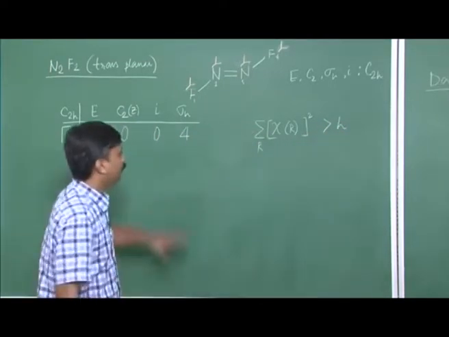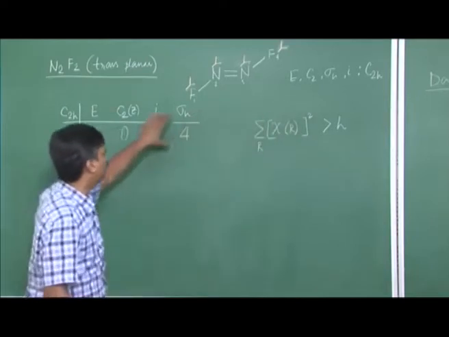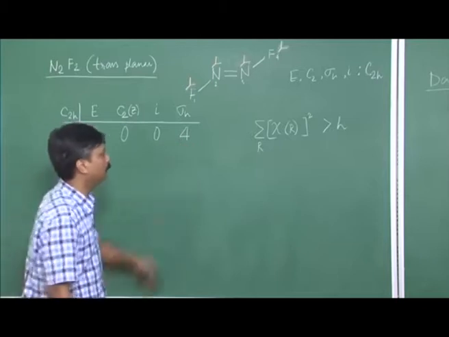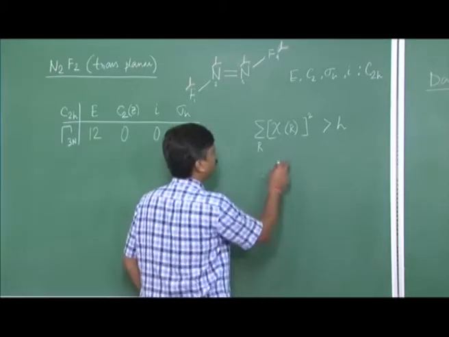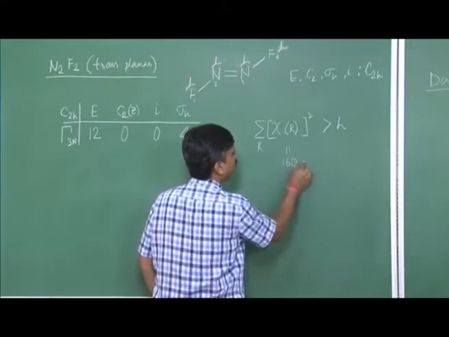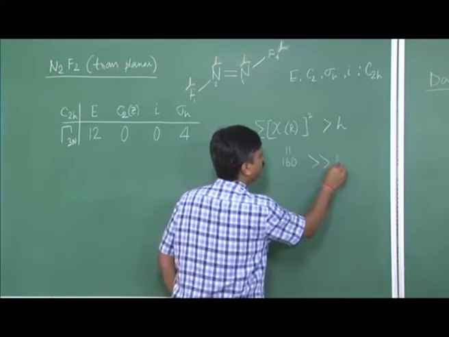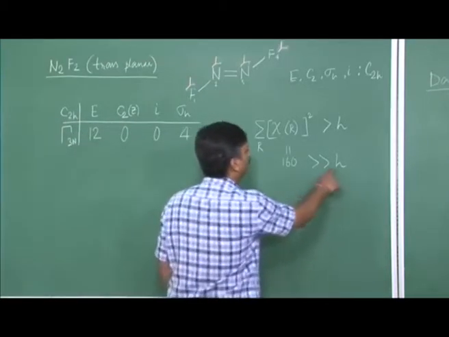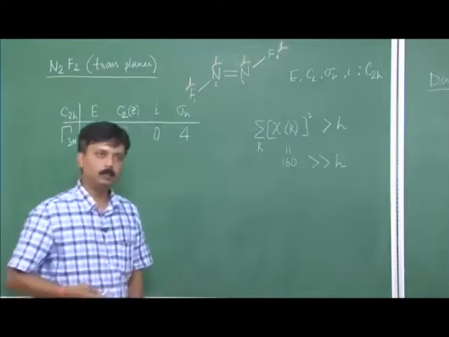Now what is this amount for our representation? It is 12 squared plus 4 squared, total is 160. So this is 160, which is way greater than the order of the group, which is equal to 4. Therefore this is a reducible representation.